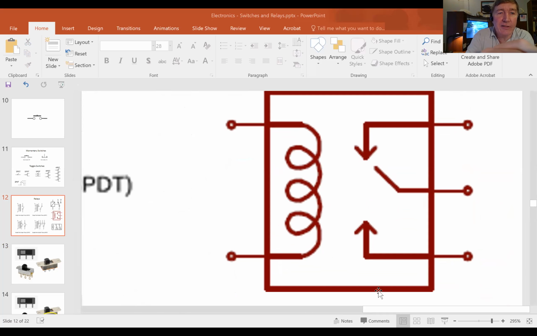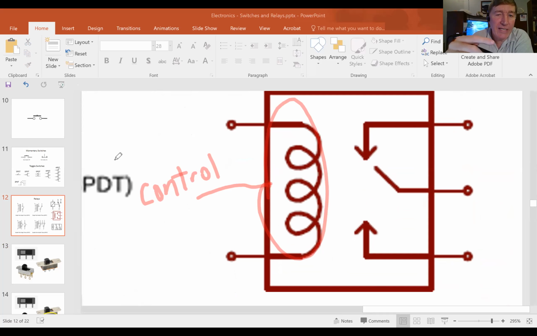This thing that you see on the left side here is the control. This is something where we can send in a signal and it will turn on this inductor, which by the way is an electromagnet. So this inductor that you see here is an electromagnet.